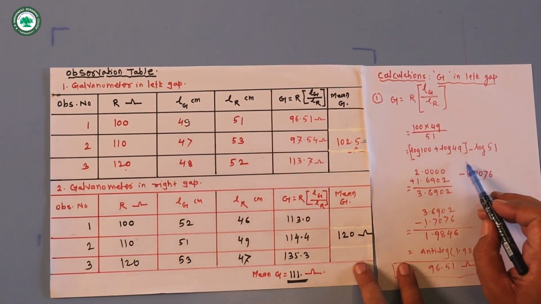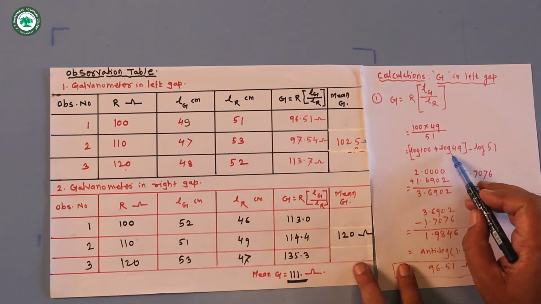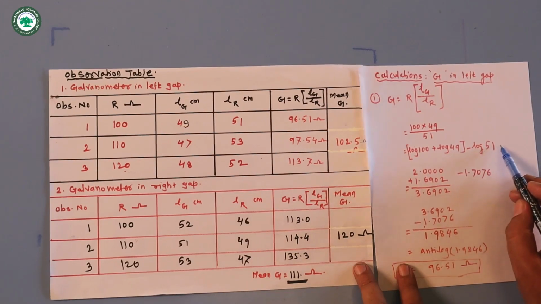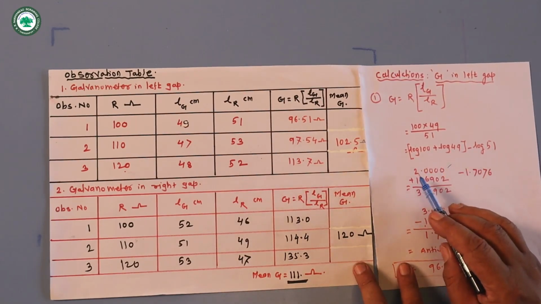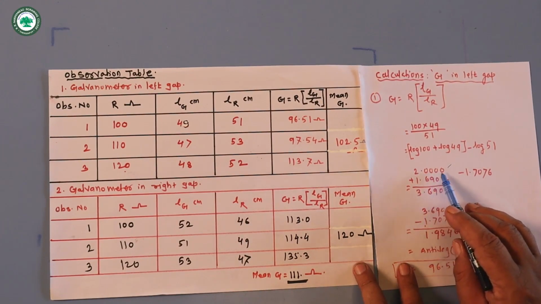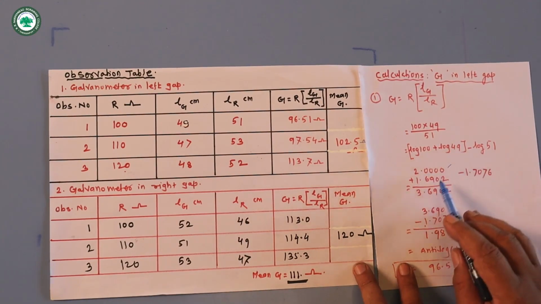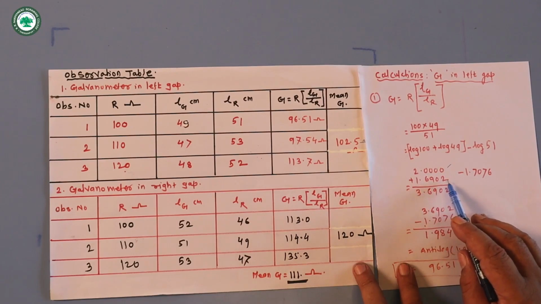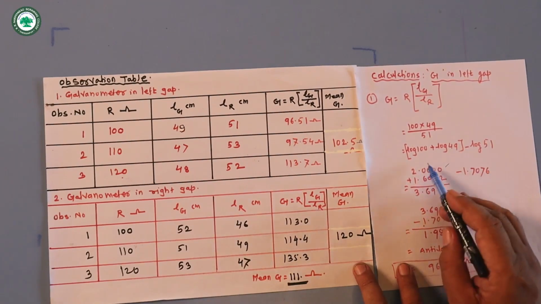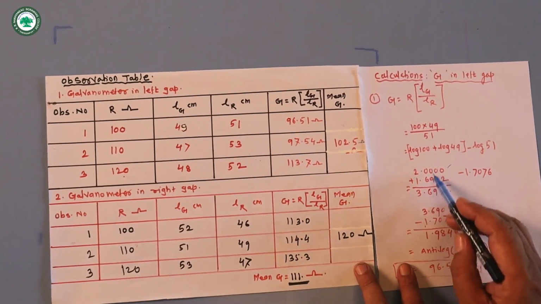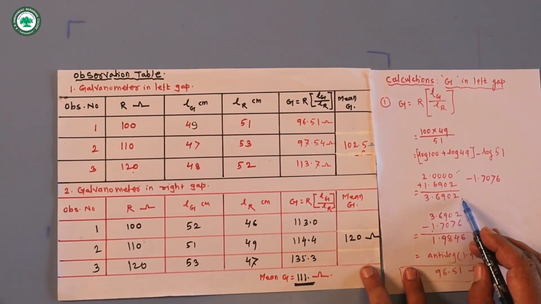See the log of 100 plus log of 49 minus log of 51. Logs are like this. Characteristic of 100 is 2, so 2.00. Logarithm of 49 is 1.6902, minus log of 51 is 1.7076.